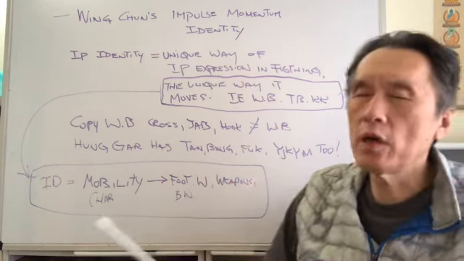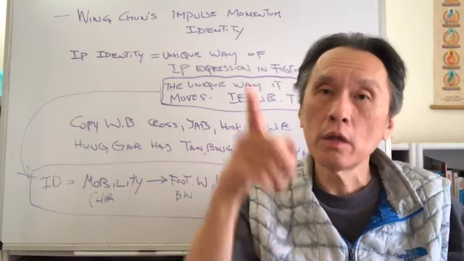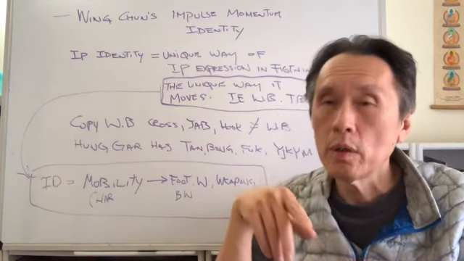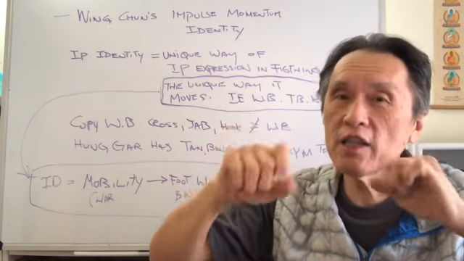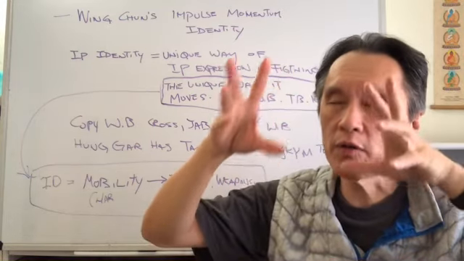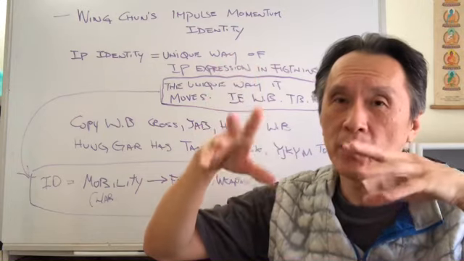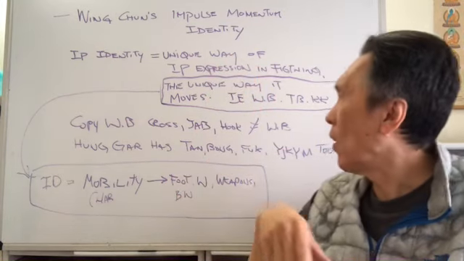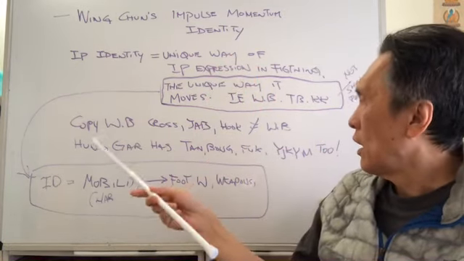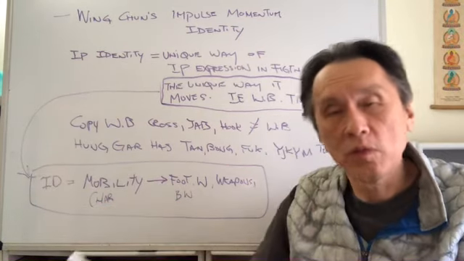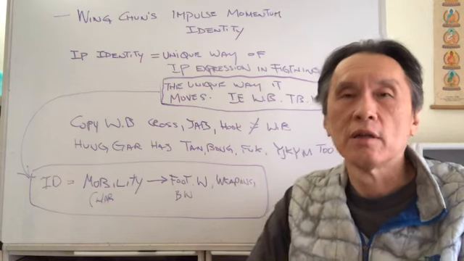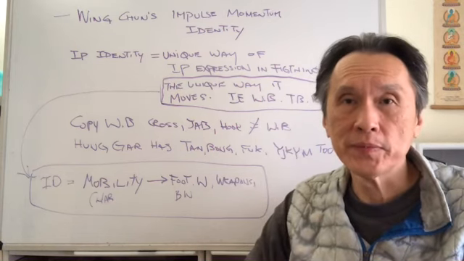so for example, a Western boxer, when he trains, when he poses, when he fights, he uses the same type of impulse momentum identity. Or the mobility has a characteristic, which is Western boxing.